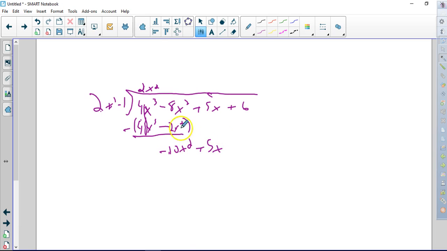And then we just repeat. How many times does 2 go into 5? I mean into 10? Oh, sorry, my mistake. I wasn't paying attention myself. This negative has to be distributed. So negative 4, which makes 0, but this makes positive 2.